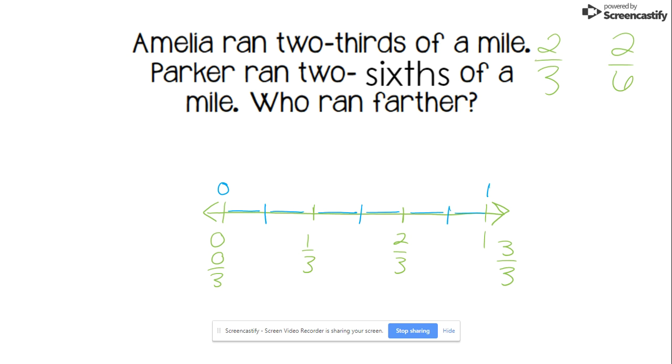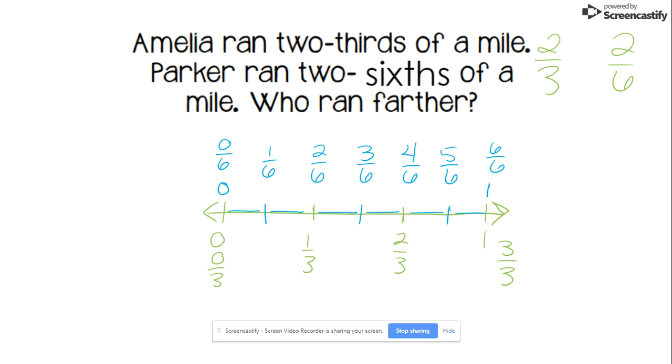And I'm going to label my 6 on top of my number line. So 0/6, 1/6, 2/6, 3/6, 4/6, 5/6, and 6/6, which again is equal to 1 whole. It has the same number on the top and bottom.